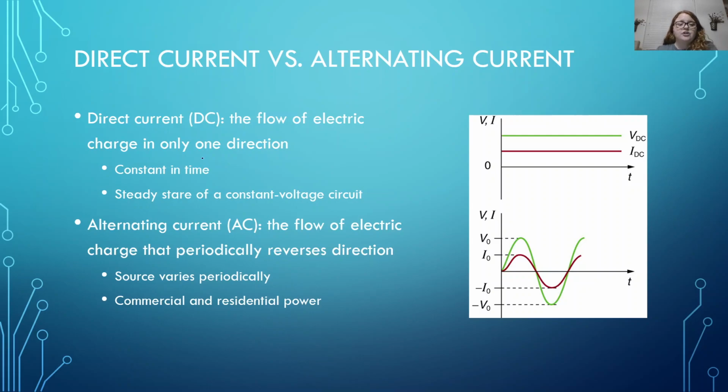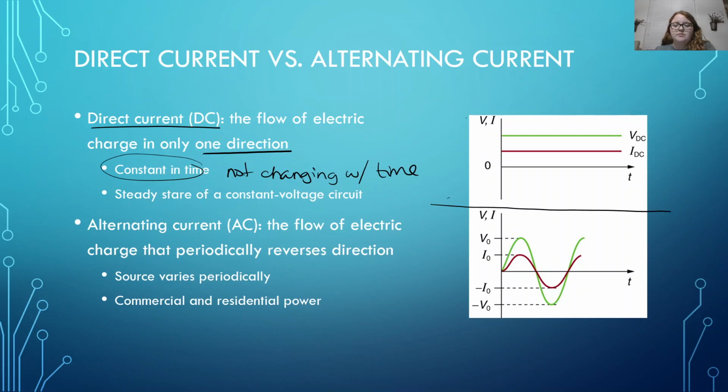So direct current, or DC, is the flow of electric charge in one direction. This means that it's constant in time, so not changing with time. It stays the same. So this first portion here, let me split these up.